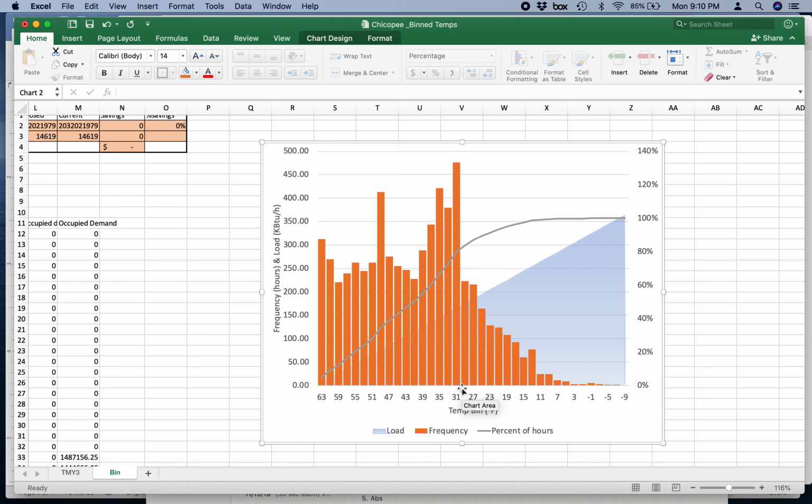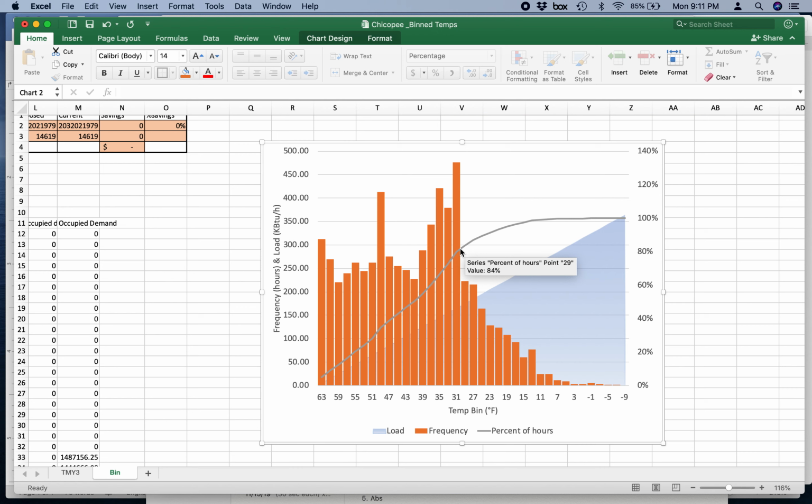So basically around freezing or a bit higher. And here I've got this curve which shows us the percent of all hours. So if we draw that line, we can see that about 84% of all the hours of the heating season, so 84% of all the hours cooler than 64 degrees Fahrenheit, are above 30 degrees Fahrenheit.